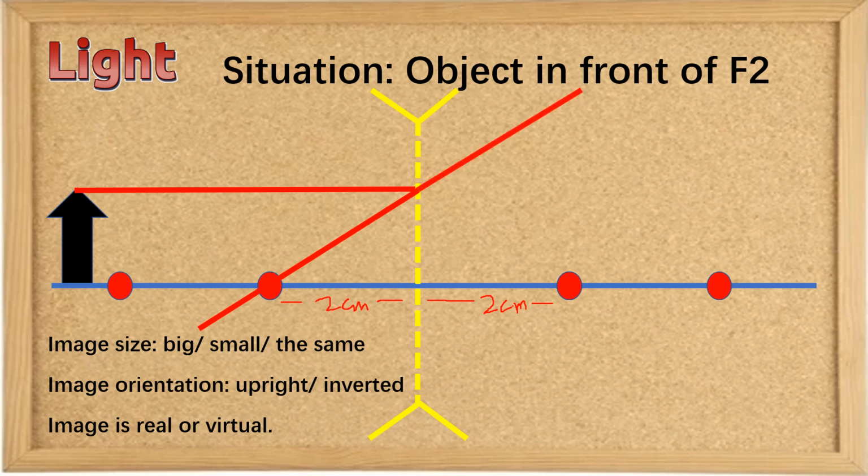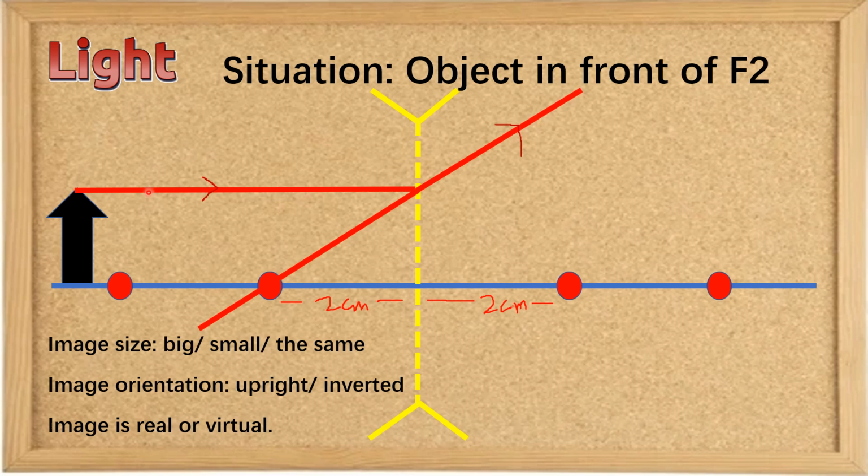Remember that in your concave lens, the light spreads out, meaning it moves away. That's the reason the light ray is pointing away.